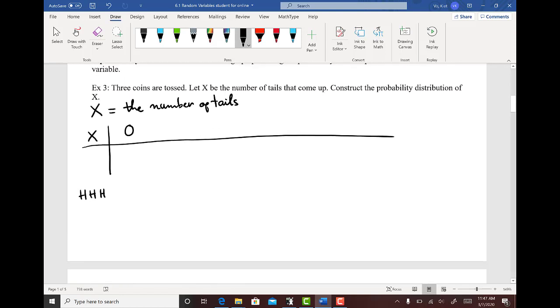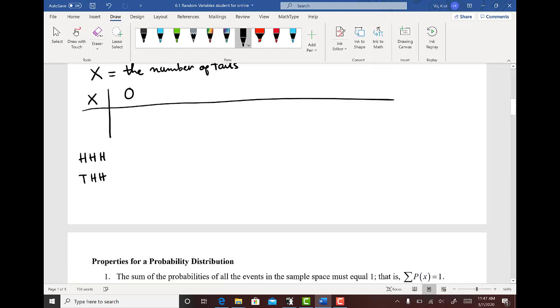Now what are the other outcomes for this x? Well, you could have one tail. One tail could be tail, head, head. That gives you one tail.